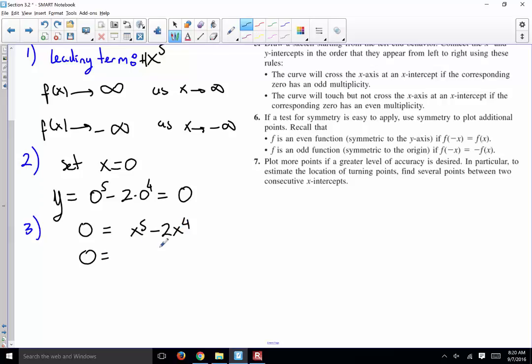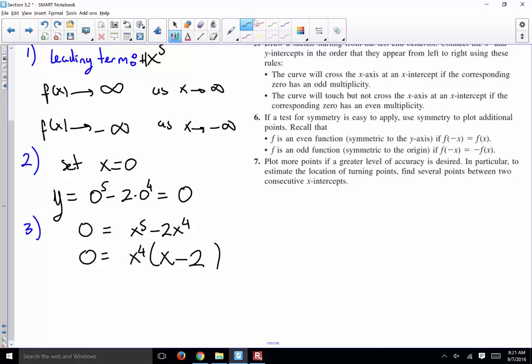This is only 2 terms factoring. How do you factor it? Come on, Maddie? Take x to the fourth out. It's common in both, right? So when I take x to the fourth out of each group, this will drop to single x, this will drop to just minus 2.